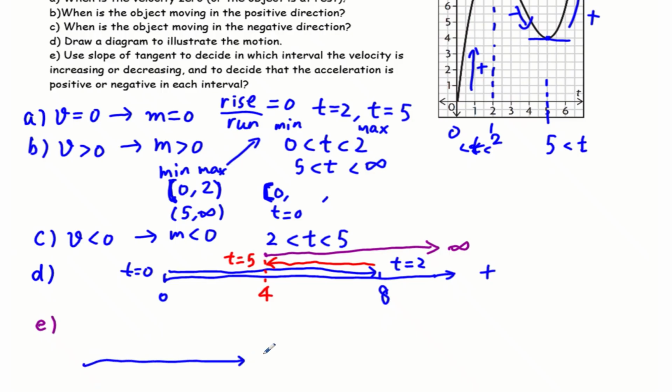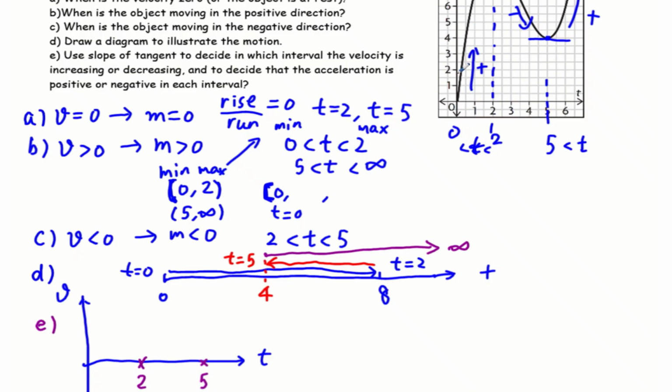This is time, and this is velocity. The first thing I want to find is the 0 points. So t equals 2 at rest, t equals 5 at rest, velocity equals 0. Before t equals 2 it is positive.